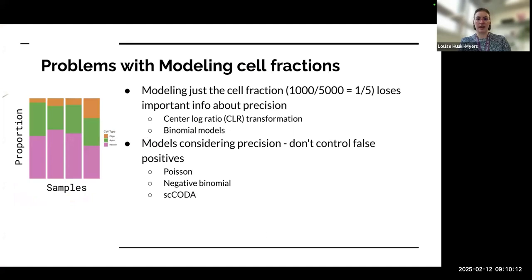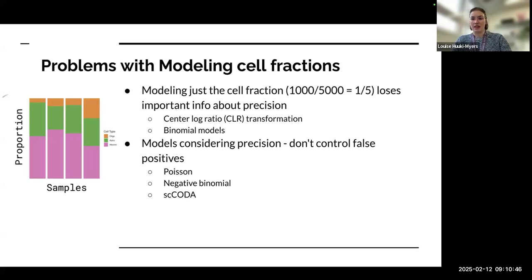So they open the paper by discussing issues with modeling cell fractions. Basically, if you wanted to say there's more of cell type A in cases than in controls, an issue is that if you summarize your cell type fractions as a proportion, for instance, if 1,000 of 5,000 cells are cell type A, you reduce that to one fifth, and you lose important information about precision.